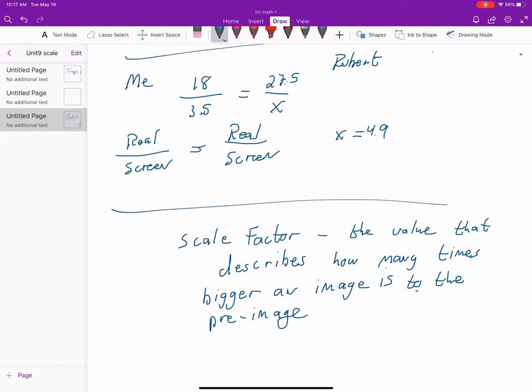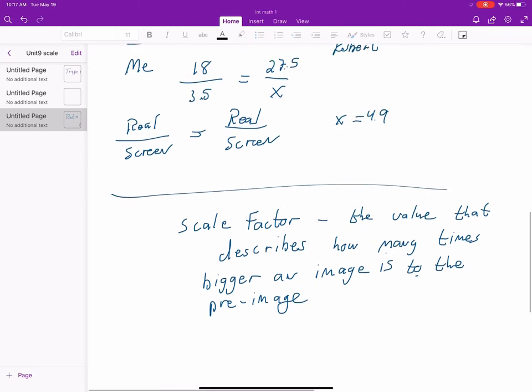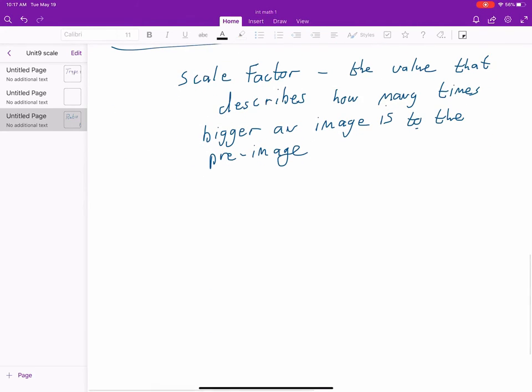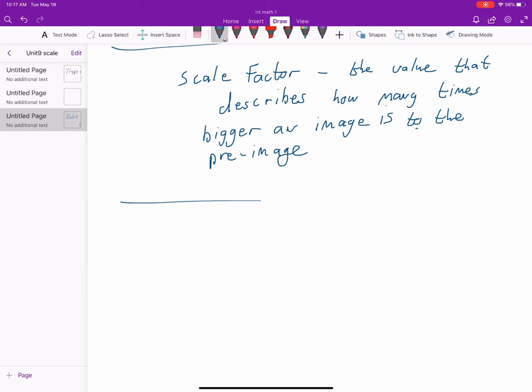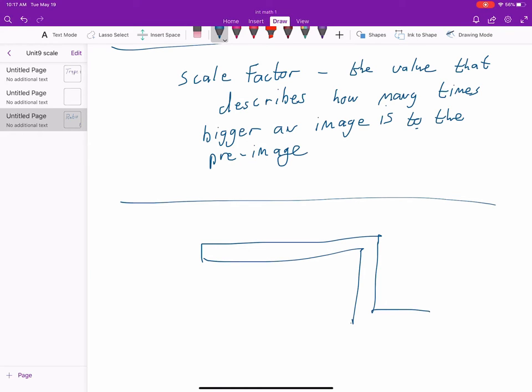So when do you use something like a scale factor? Well, people who are architects, or engineers, or who design anything are always using scale factor. Say you have a downtown development they're talking about, with a path that goes around this way, then this way, and then that way.